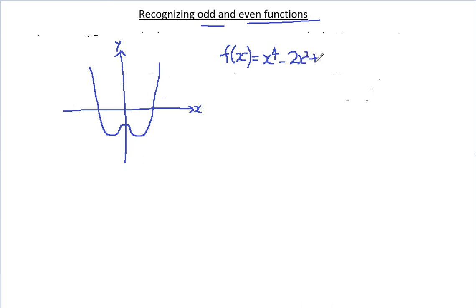Now, step 1, let's study its symmetry, whether it is symmetric about the y-axis or about the origin. Let's start with the y-axis, because that's the easiest step. As you can see, this is the y-axis.